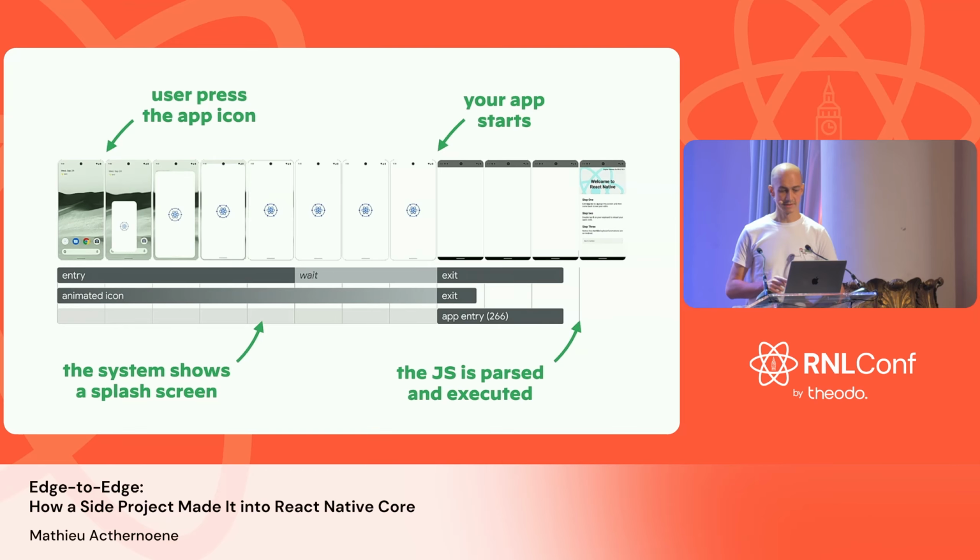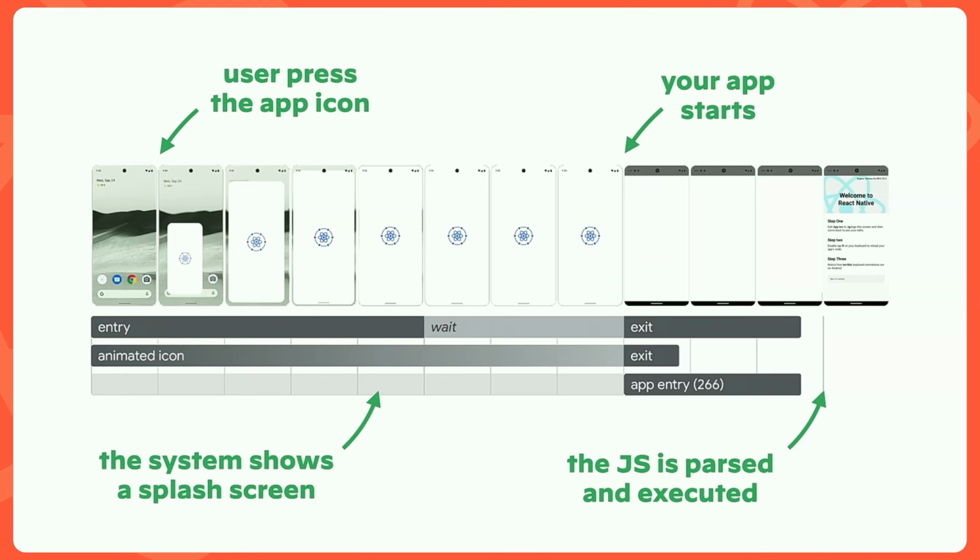Our app starts and displays a blank screen, or possibly worse, another splash screen. This is what used to happen with Expo splash screen before, the famous double splash screen issue, you know. And finally, once your app JavaScript is parsed and executed, the app itself appears.